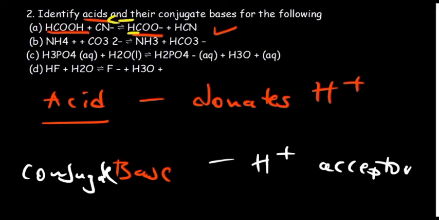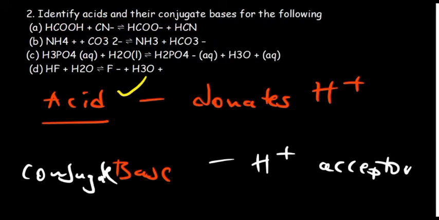So now if you look at this, consider them to be your reactants. So the acid now becomes the conjugate base because on the other side it's able to gain a proton and go back to the acid form. Okay. So the acid on the reactant side becomes the conjugate base on the other side. It's a conjugate base because it's able to gain a proton again and go back to its original form.